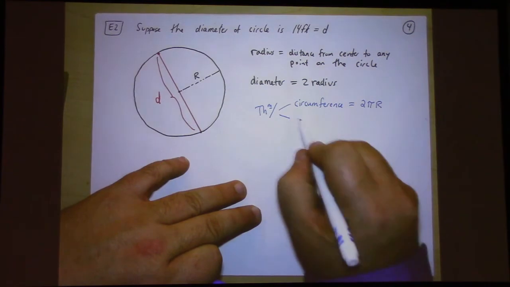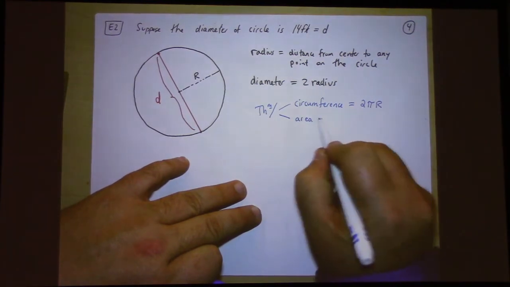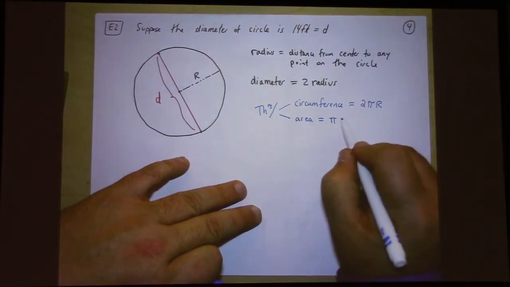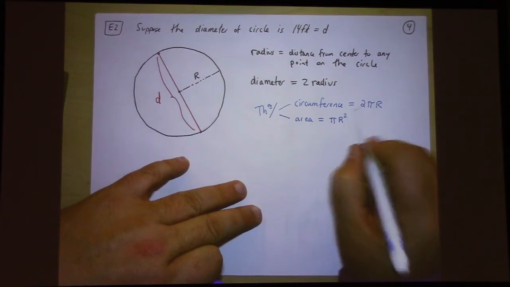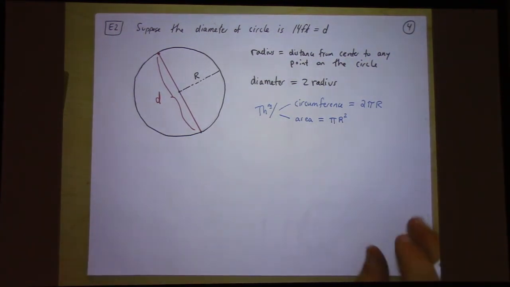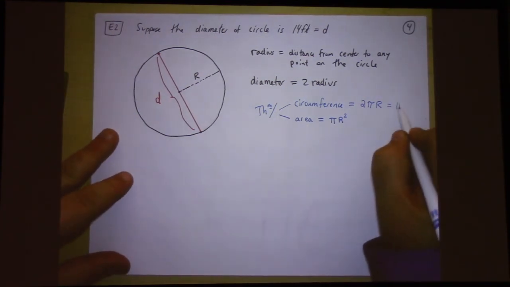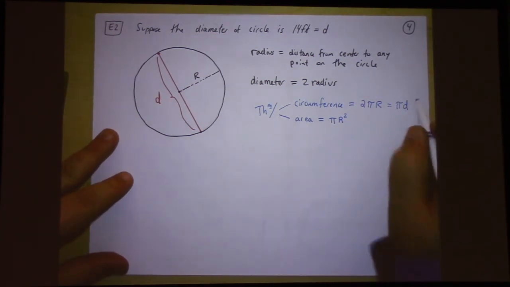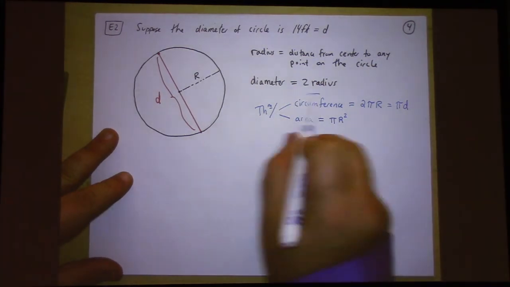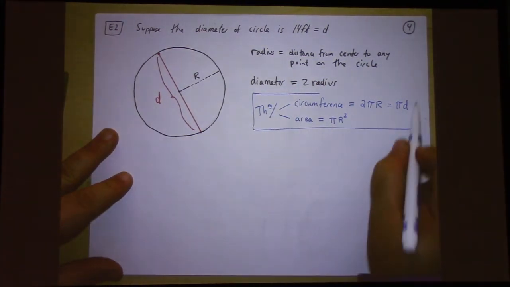And the area is equal to pi times the radius squared, right? Now, of course, what's another formula you could write for the circumference? Since 2 times the radius is the diameter, you could also say that the circumference is pi times the diameter, right?